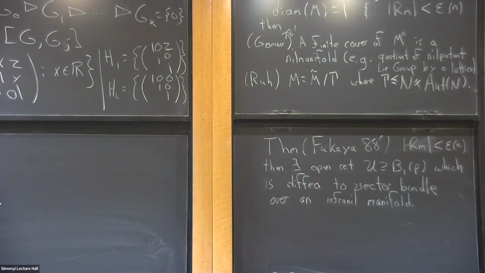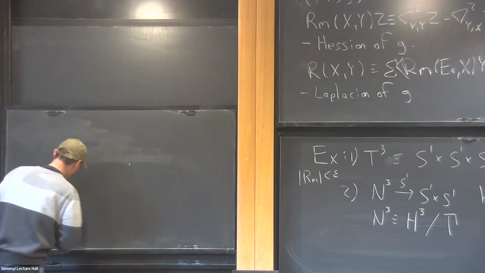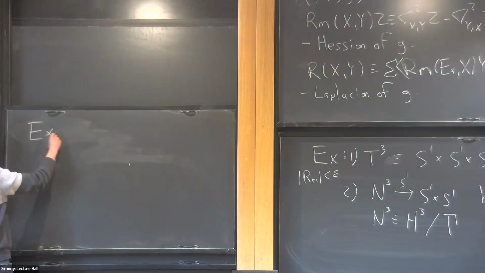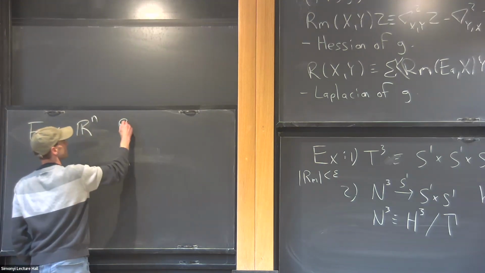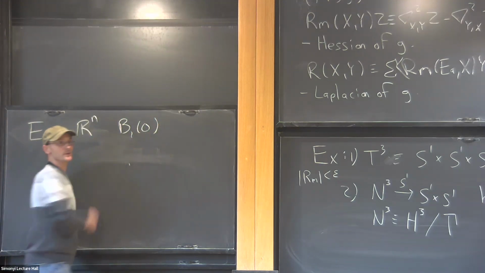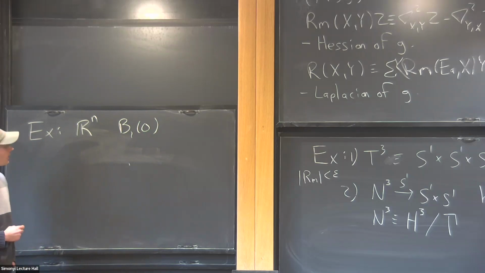So I'll give like 3 examples because that'll probably clarify it a little bit. So dumb examples. So take Rn. I look at the ball of radius 1 around the origin. My open set's just a ball.